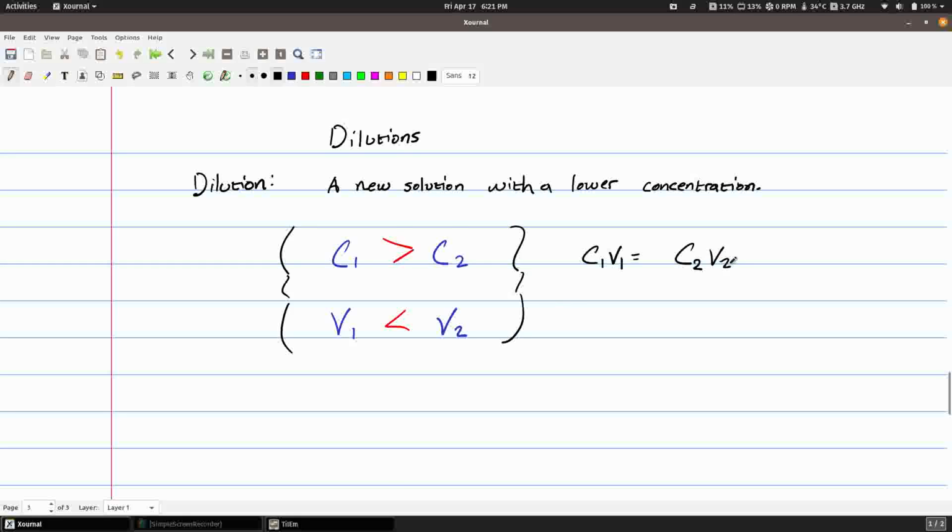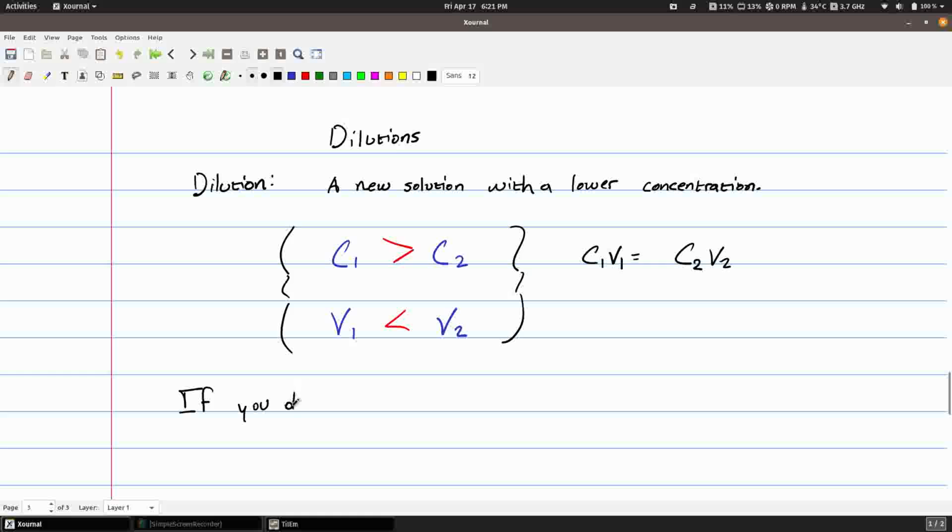If you remember Boyle's law from the gas laws, this looks very familiar, doesn't it? This equation will help solve the volume or concentrations of diluted solutions when you just have certain information to go on. So I'm going to give you a quick example.